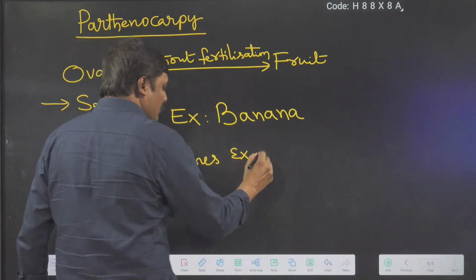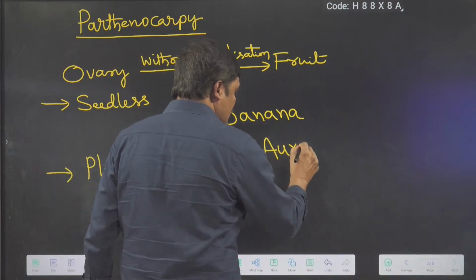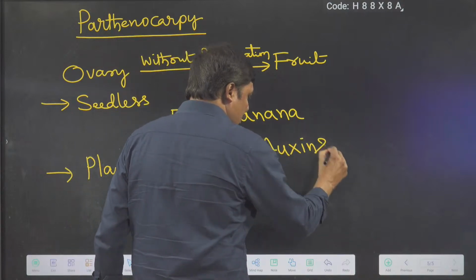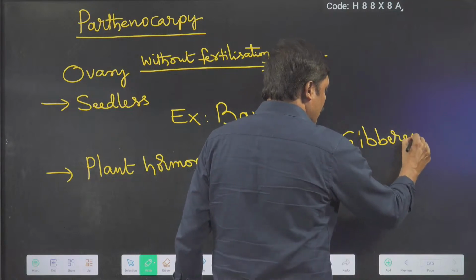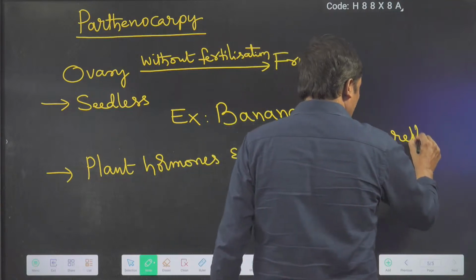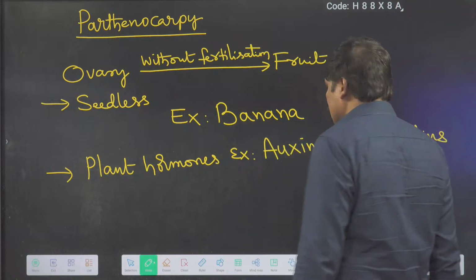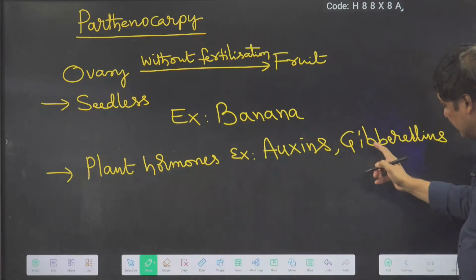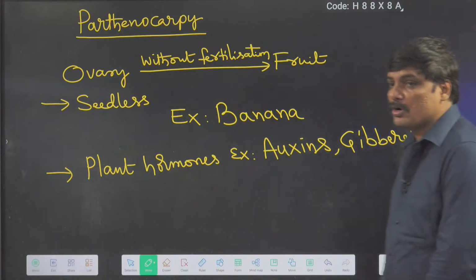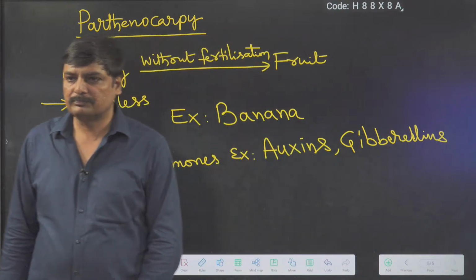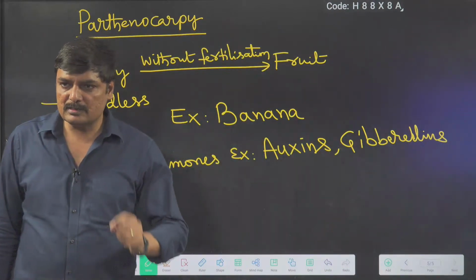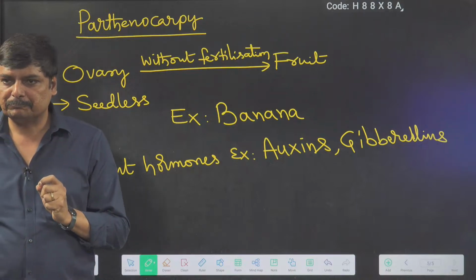For example, auxins and gibberellins are commonly used. Nowadays, by using these hormones, parthenocarpy can be induced in order to produce seedless fruits. Understand, students?